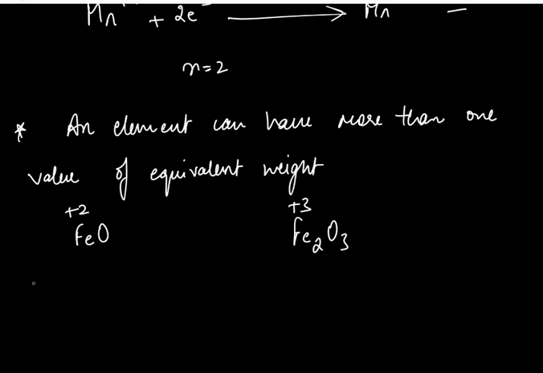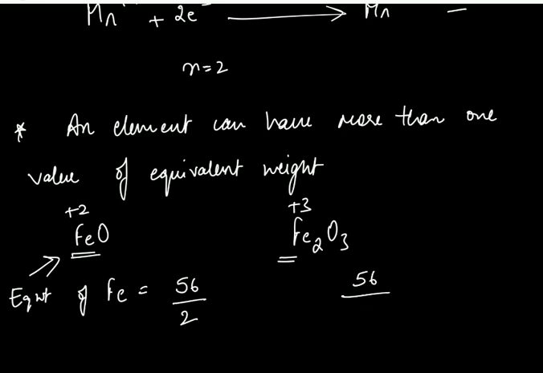So if we are calculating the equivalent weight of iron, the iron mass is 56, so it will be 56 divided by 2 for this case, and for this it will be 56 divided by 3. Can you see both the equivalent weights are different? Why?